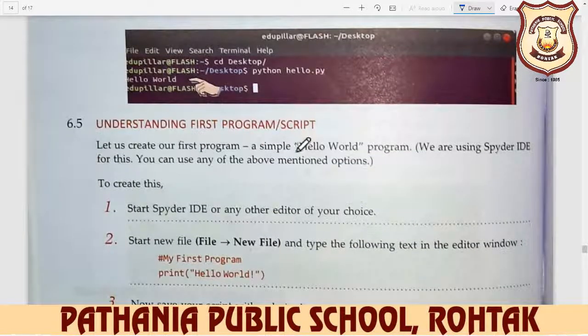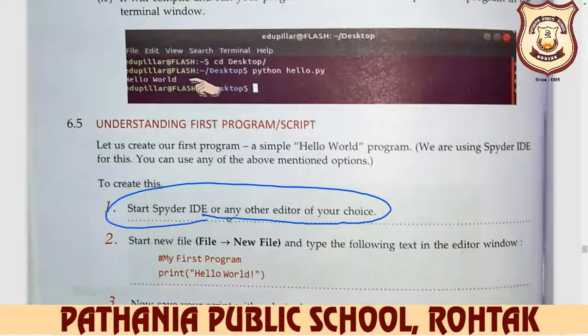Understanding the first program script. Start Spyder IDE or any other editor of your choice. Everyone learn this point. You start the Spyder IDE, you start the Jupyter notebook, you start the CPython distribution. And after that, click on File and New File.